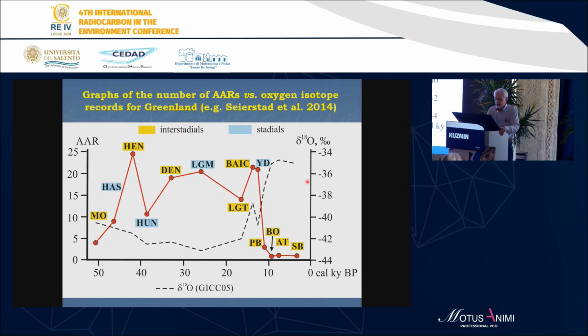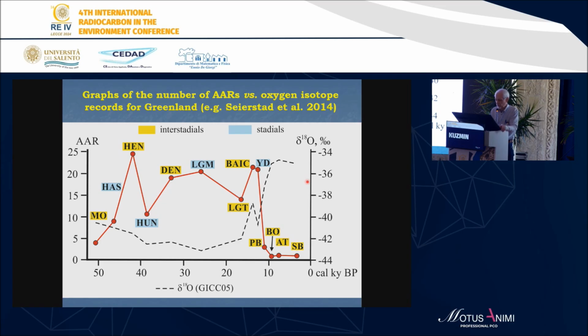And this dotted line is a very schematic representation of delta oxygen 18. For each major climatic event, we plotted the delta oxygen 18 just to see the correspondence, and then try to figure out whether there are any trends or correlations between them.